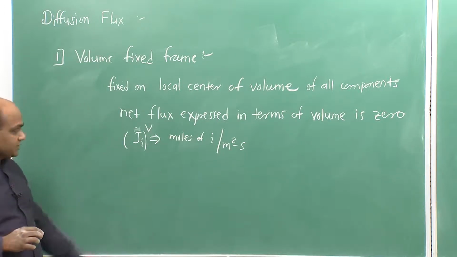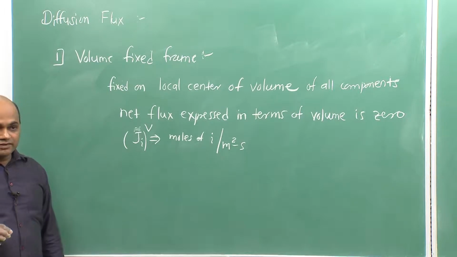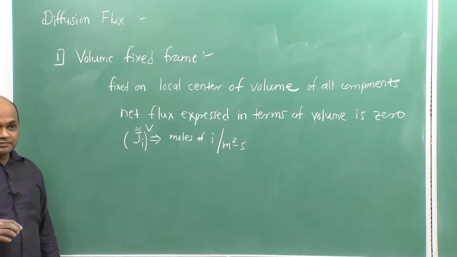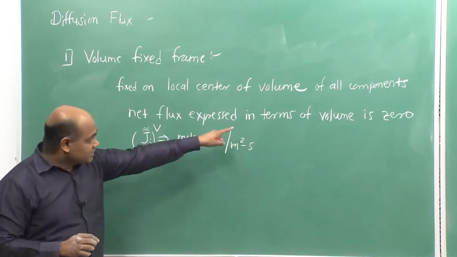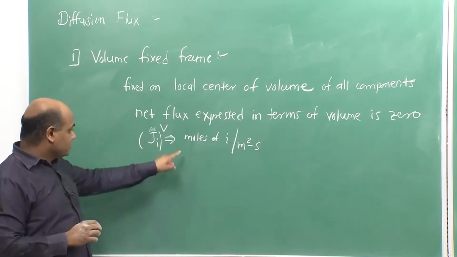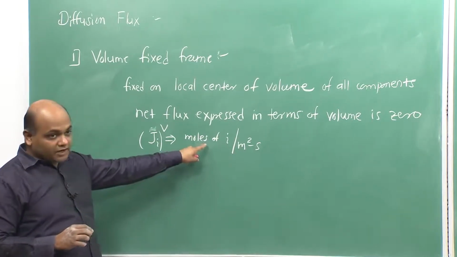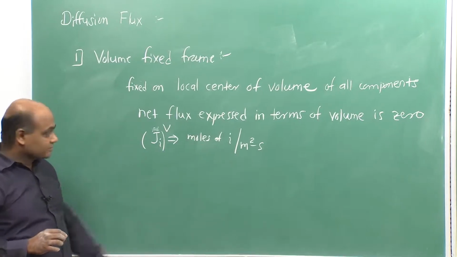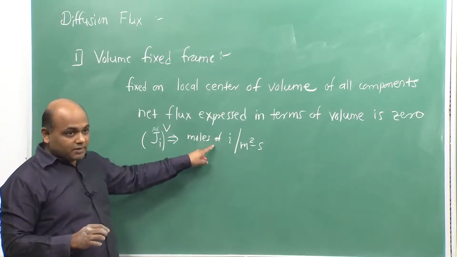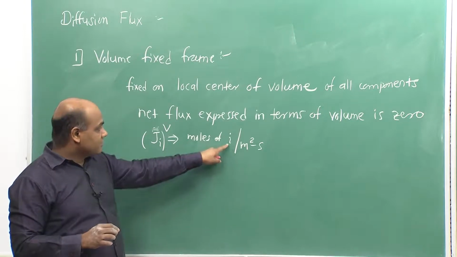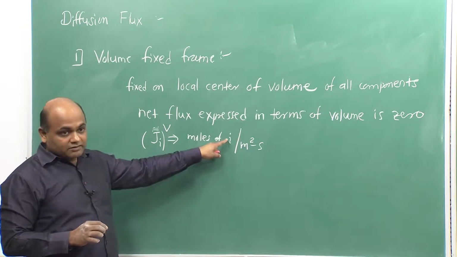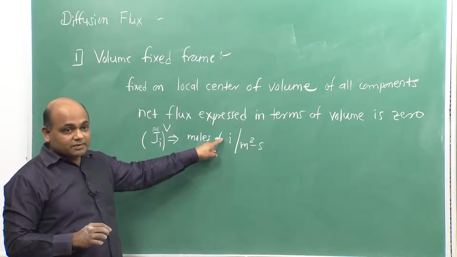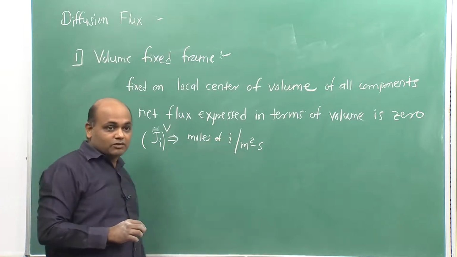That is the flux in volume fixed frame of reference. Now, the net flux expressed in terms of volume is 0. So, if we need to convert this moles of i into meter cube of i, what do we need to do? Multiply by meter cube of i divided by mole of i, which is basically the multiplication by partial molar volume.